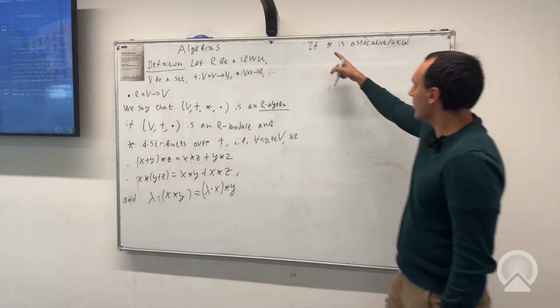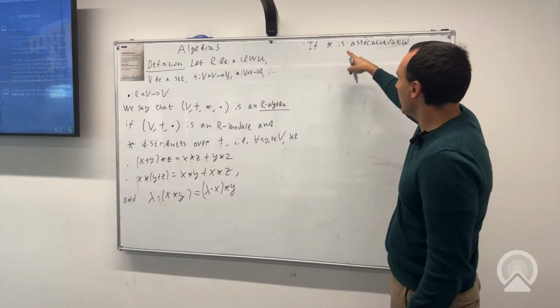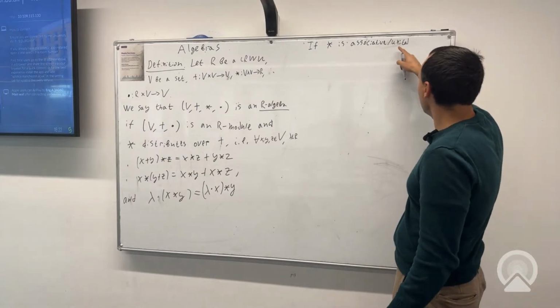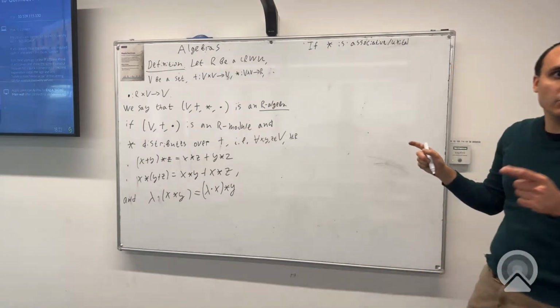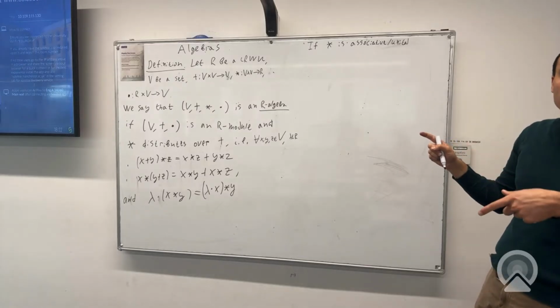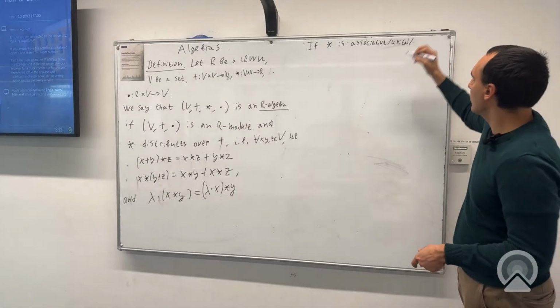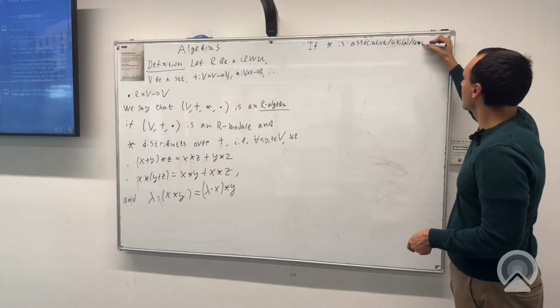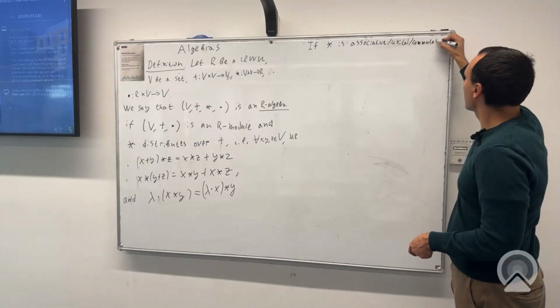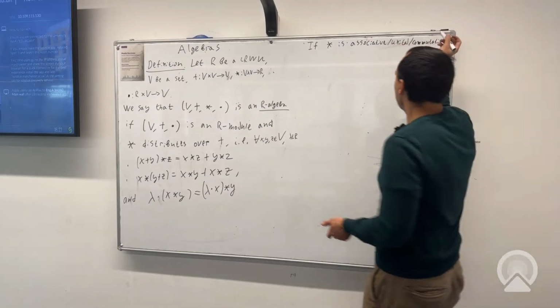Okay, so if star is associative, unito, which means that it has a unit, that when you multiply it is the same, or commutative, we say the same for the algebra.